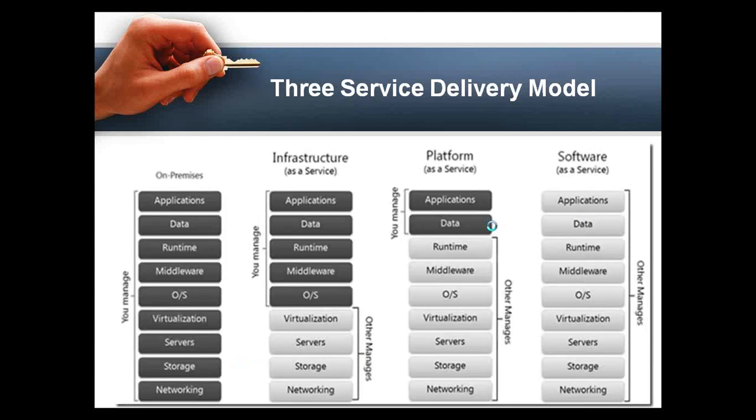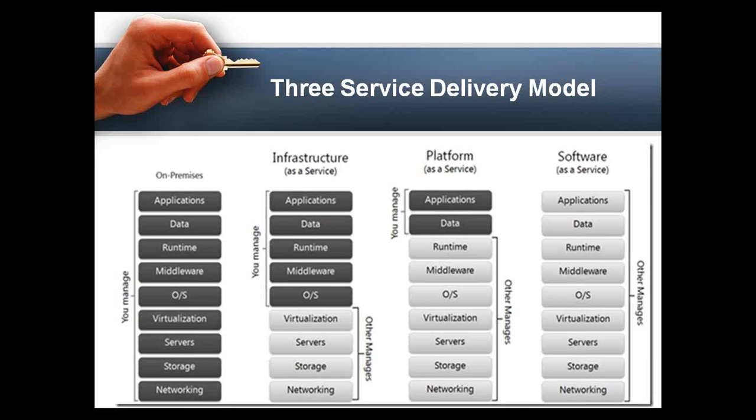The next slide would be very useful to us to understand these three service delivery models. At the left side you can see the on-premises. On-premises means that you own the complete control of everything.